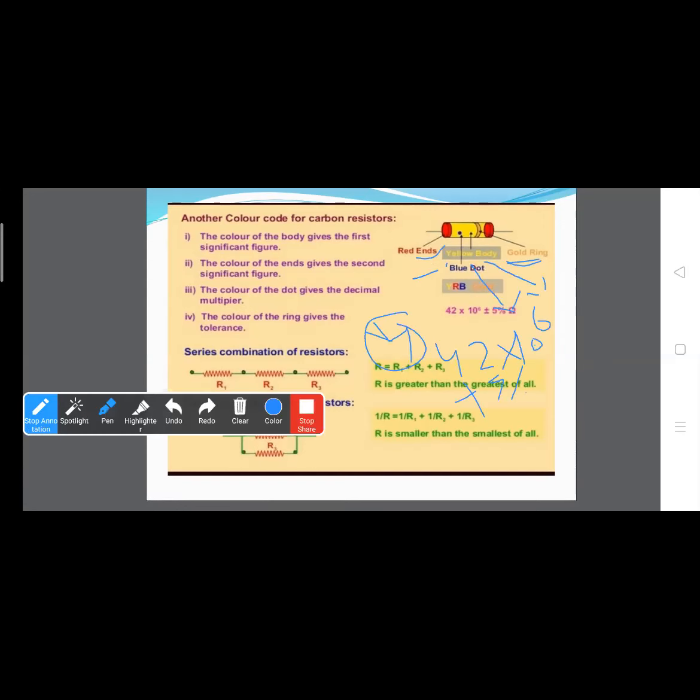As shown in the figure, in series combination, the resistors are connected in series if the same current flows through each resistor when some potential difference is applied across the combination, as shown in this figure. Clear? Connected end to end in series combination in the first figure. So the combined resistance is given by R equal to R1 plus R2 plus R3.